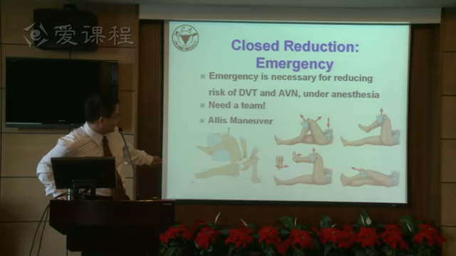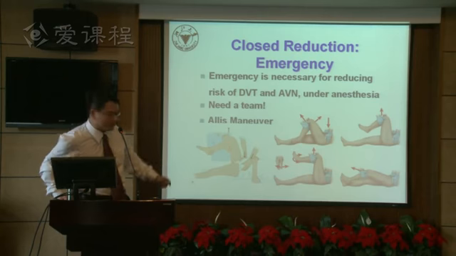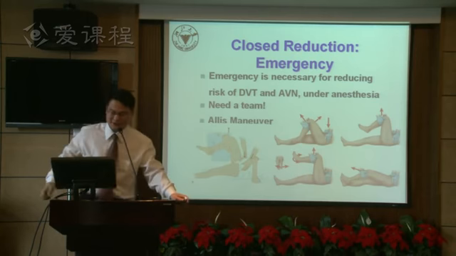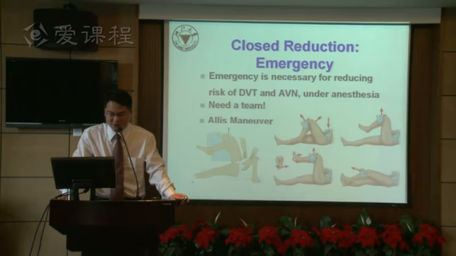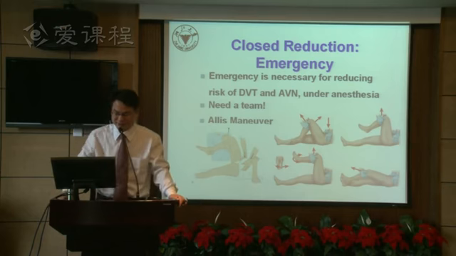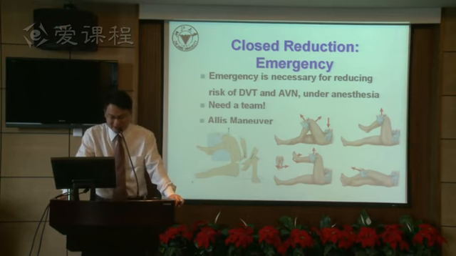And you can use your elbow to grab the thigh or knee joint and gently pull the leg. If you use your hand, perhaps you cannot fully use your muscle power.